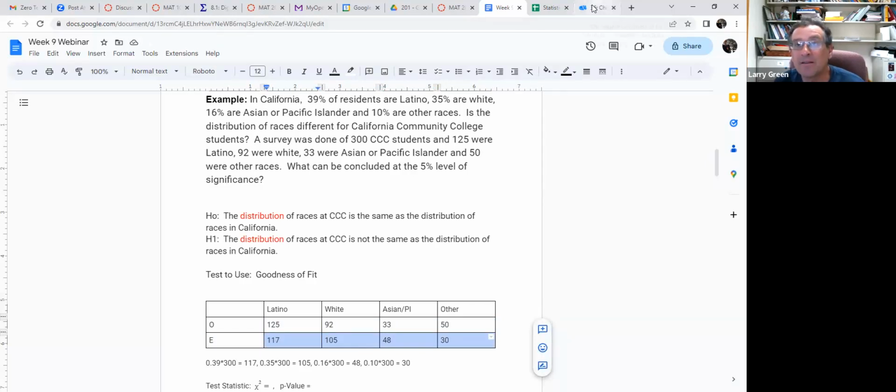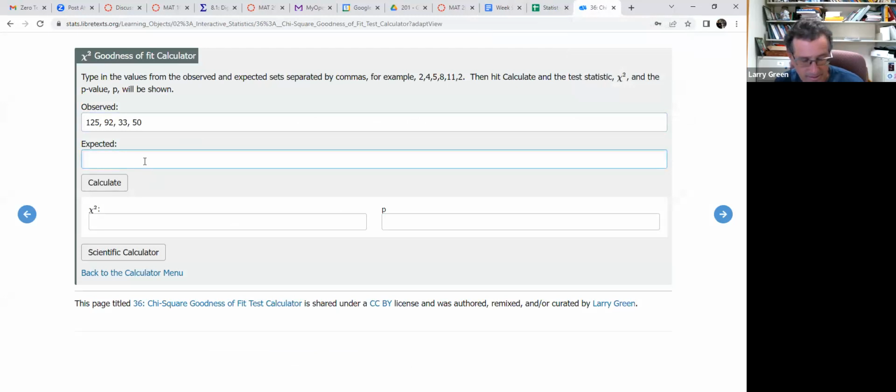Copy and paste. And I got to put commas in. Okay. And by the way, if you ever have a number like 100,000, don't write 100 with a comma and 000. Don't put a comma in your number, because then the computer gets confused about your commas. Any questions on putting in the observed and expected values?